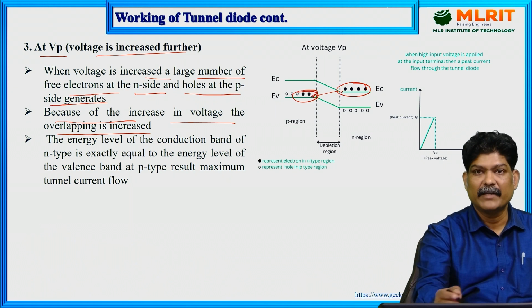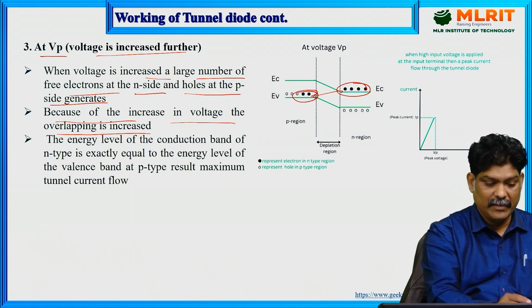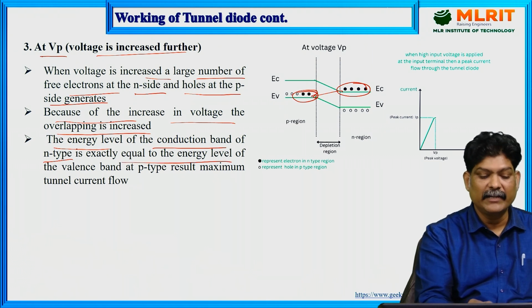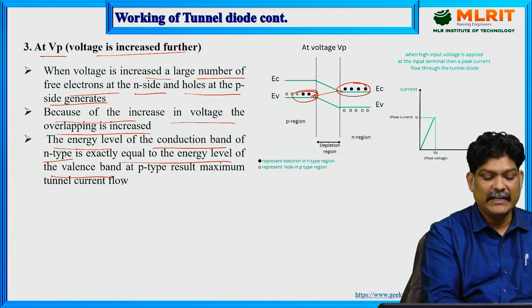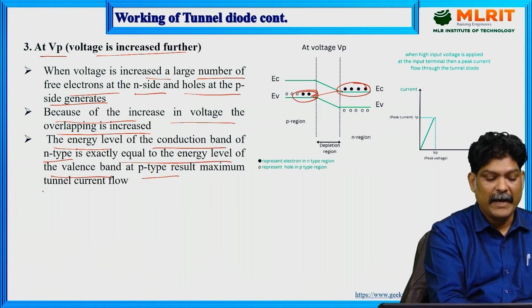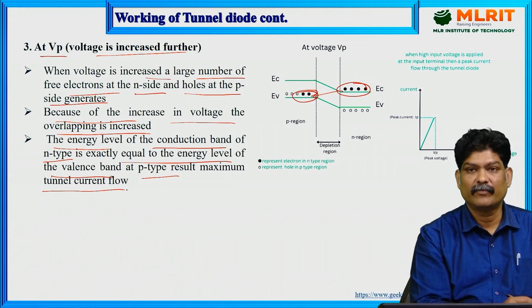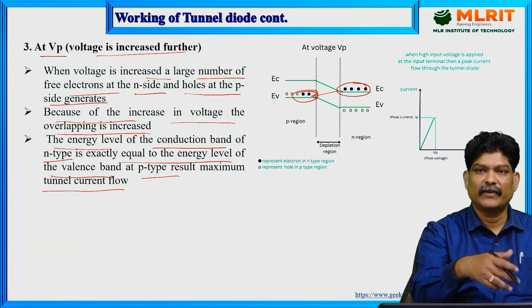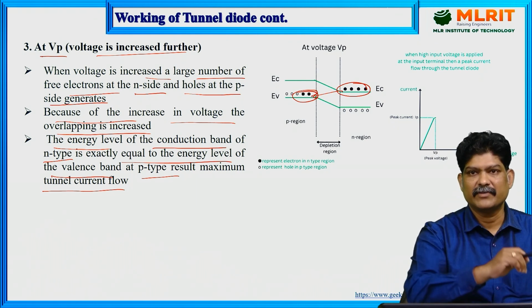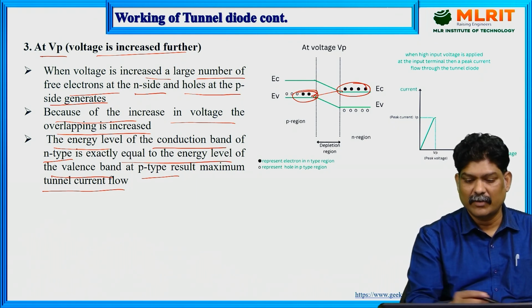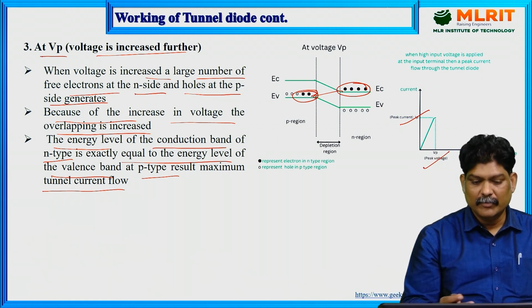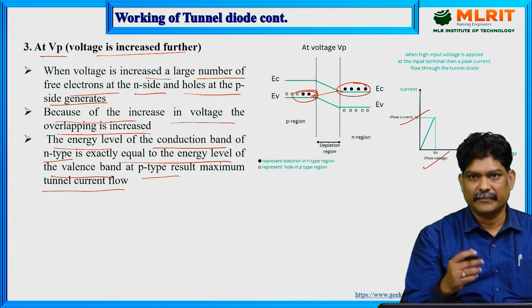The energy level of the conduction band of N-type is exactly equal to the energy level of the valency band of P-type, resulting in maximum tunnel current flow. When we increase further, they reach some saturation value. That current is called the peak current IP, and that voltage is called the peak voltage VP. Maximum tunneling happens here.